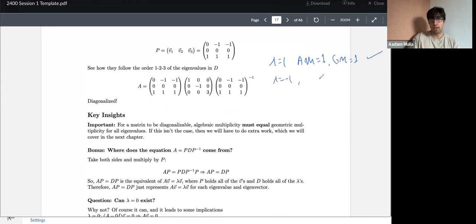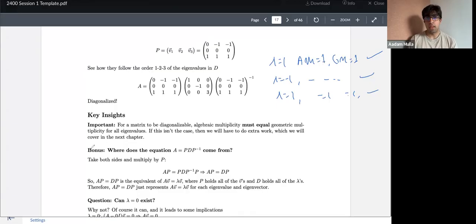For lambda equals -1, same thing. Good. For lambda equals 3, they were both 1, right? So good. So that's why we're diagonalizable. There's going to be a case where the algebraic multiplicity and the geometric multiplicity might be different. Sometimes the algebraic multiplicity is bigger than the geometric multiplicity. And that's a whole other topic, it has its own chapter. We'll start with that next time.